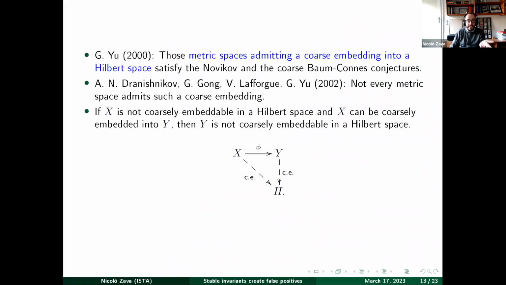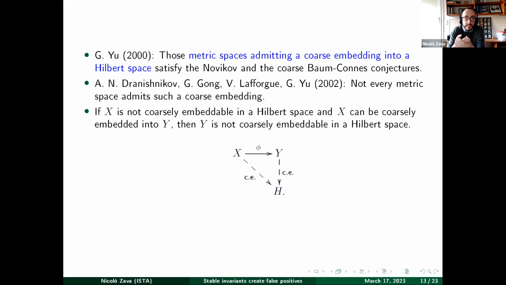But what are the techniques that we may use? A bit of history. One of the fundamental applications of coarse geometry in the realm of index theory is a result of Yu, who proved that metric spaces admitting a coarse embedding into a Hilbert space satisfy the Novikov and the coarse Baum-Connes conjectures.